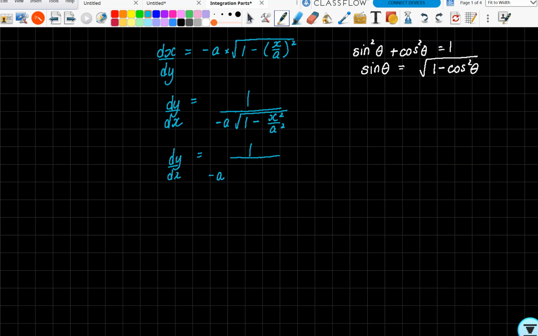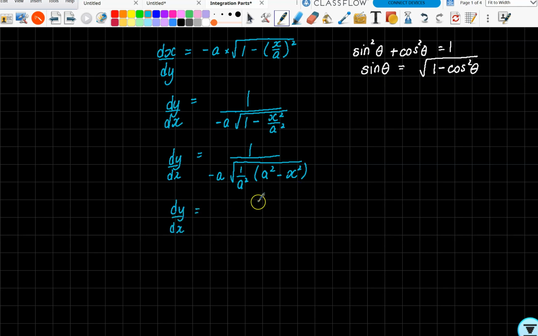How about we pull out a common factor of 1 over a squared? So if I pull out 1 over a squared, 1 over a squared times a squared gives me the 1, and minus x squared. Things are starting to look good.